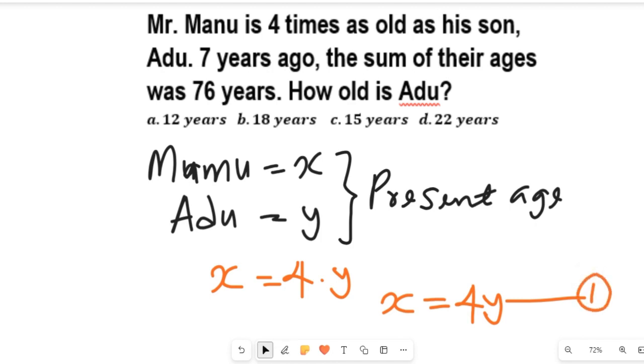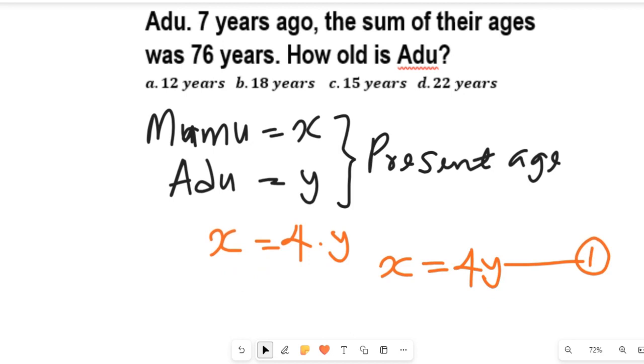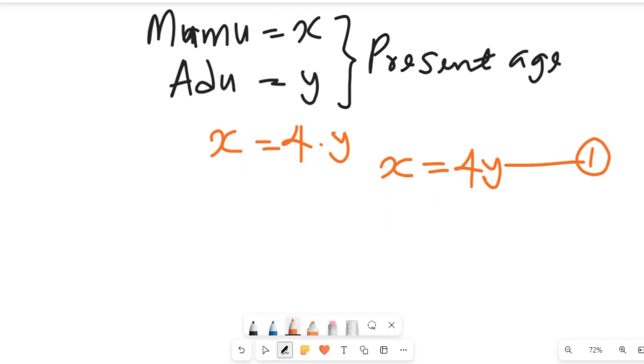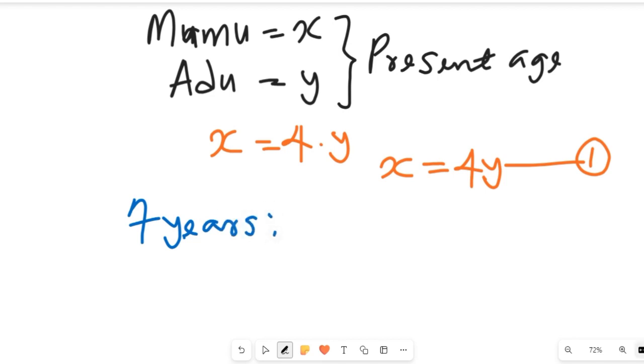Having gotten that first expression, they now told us that 7 years ago, the sum of their ages was 76 years. Let's concentrate on 7 years ago. 7 years ago, Mr. Manu's age, X, will be X minus 7.